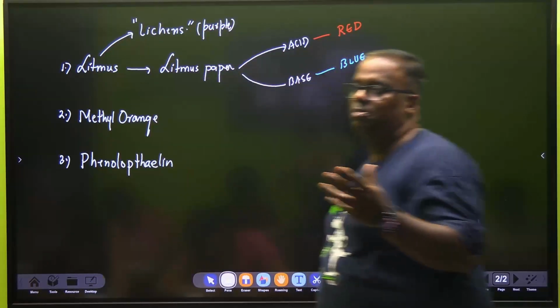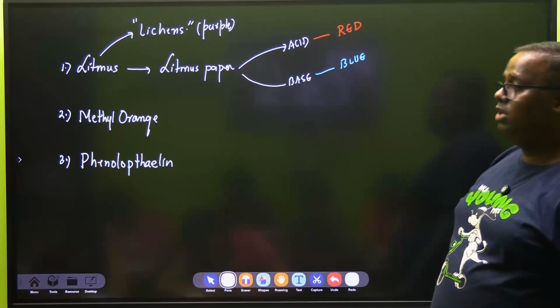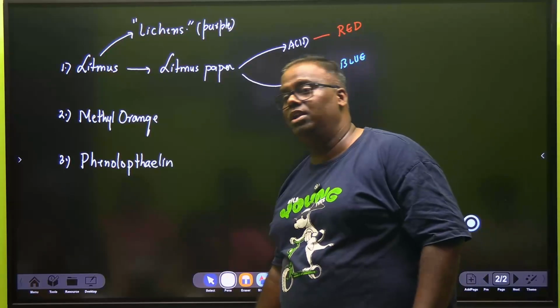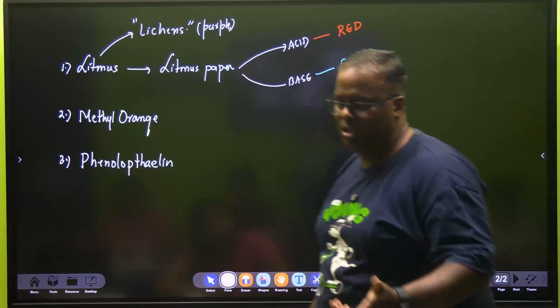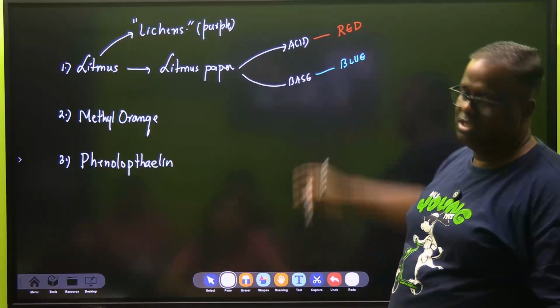Litmus will come as purple. So litmus is a form of natural indicator. It's a natural indicator whose extract is taken out, and in the laboratory we process it in the form of strips and keep it.